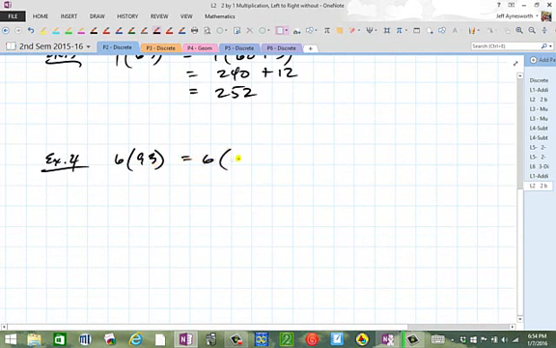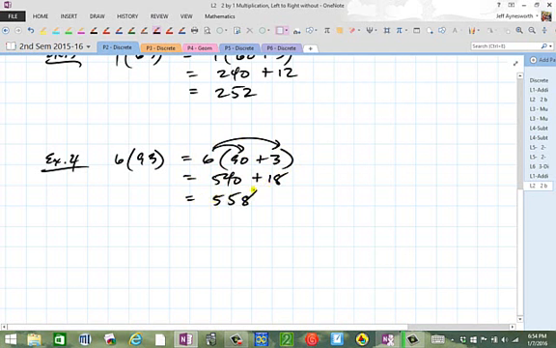All right, so that's 6 times 90 plus 3. So you got to multiply the 90 first, then the 3 by 6. So distribute. 6 times 9 is 54, so 6 times 90 is 540. 6 times 3, well, that's 18. All right, from left to right, 540 plus 10 is 550, plus the 8, 558. That's all there is to it, guys.